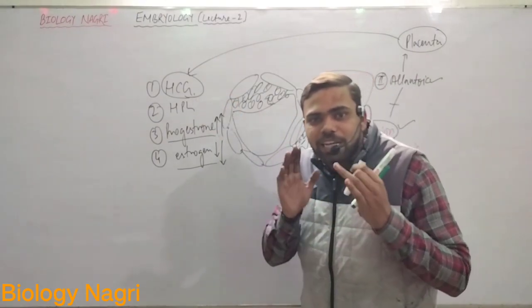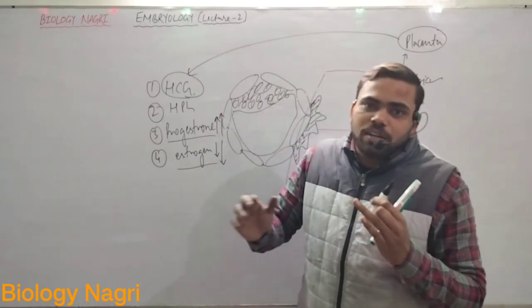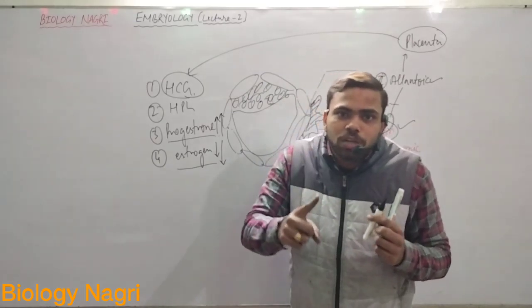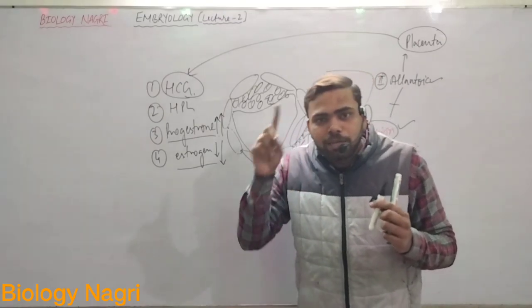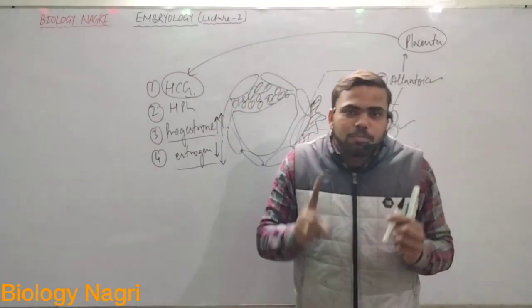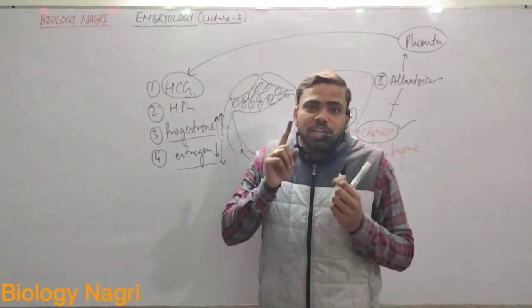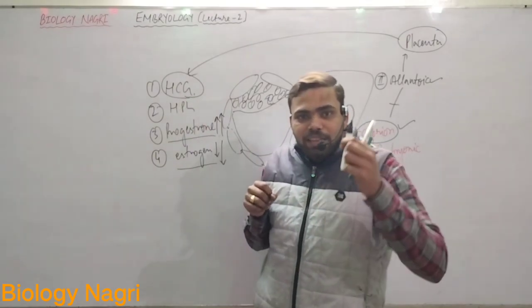It means the mother eliminates that hCG after its action in the form of urine. That's why a sample of the mother's urine is used to determine whether pregnancy is established or not. A doctor uses the sample of the mother's urine to test for the presence of human chorionic gonadotropin in it.